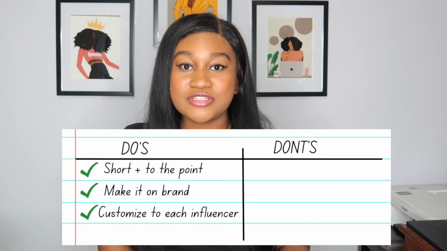And speaking of making it branded, you can take it a step further. And I've done this before. I've customized it to the influencer. So of course I'll keep the client's brand colors and fonts and stuff. But if there's something specific about the influencer and their brand, I will include that in the beginning of the campaign brief, just as an appreciative nod to the influencer and their brand.